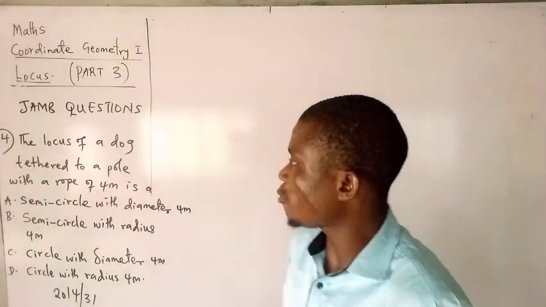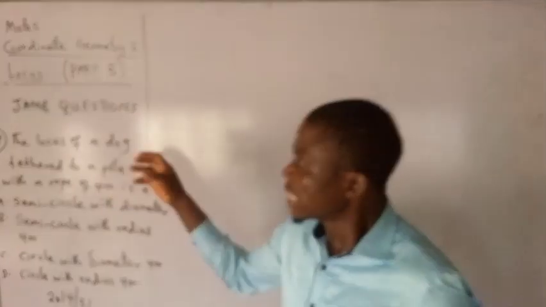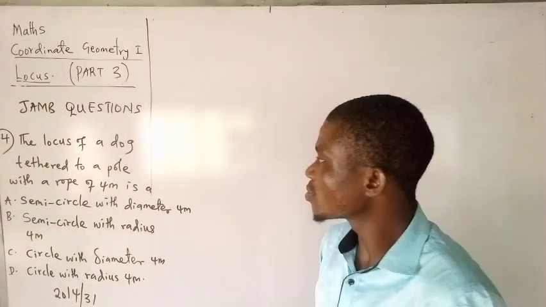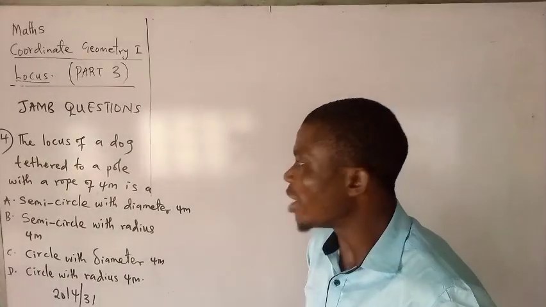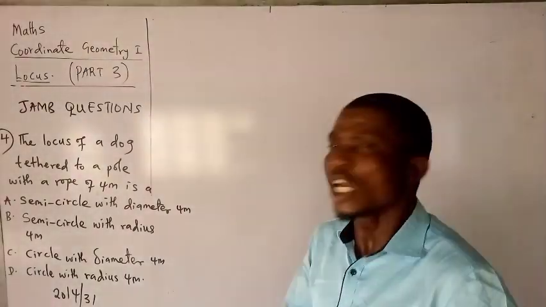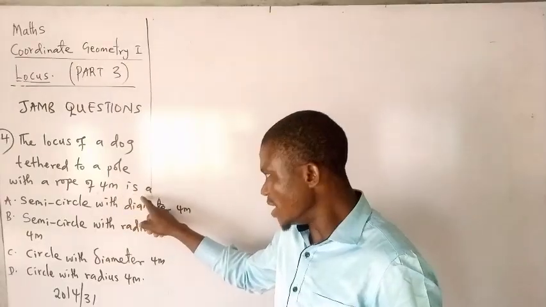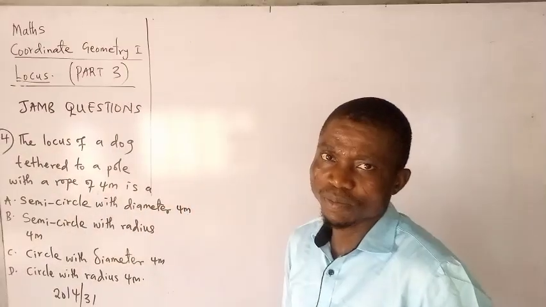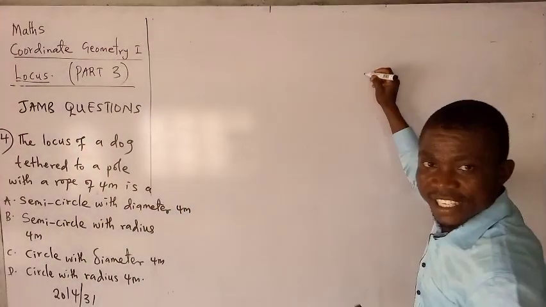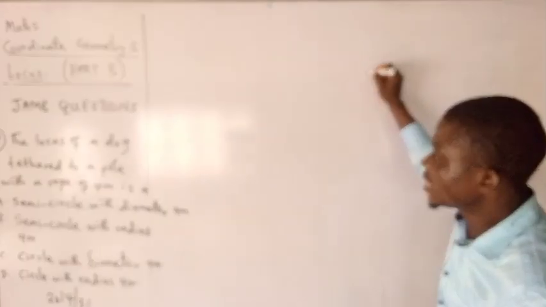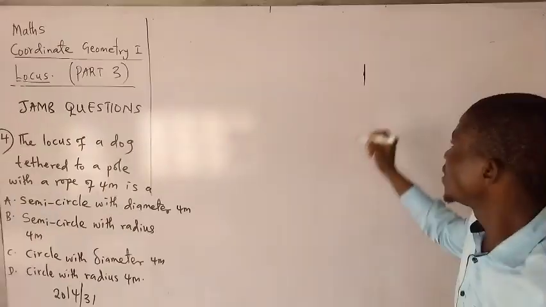Let's look at this question. Number 4. The locus of a dog tethered to a pole with a rope of 4 meters is a dash. Now, this is the pole, right?